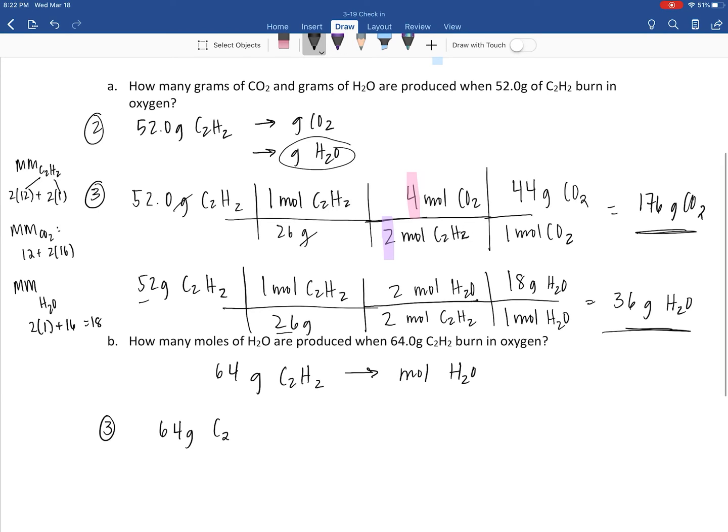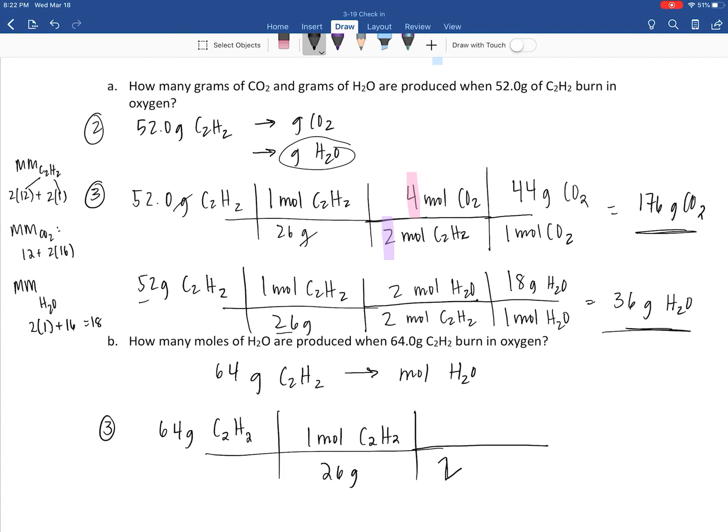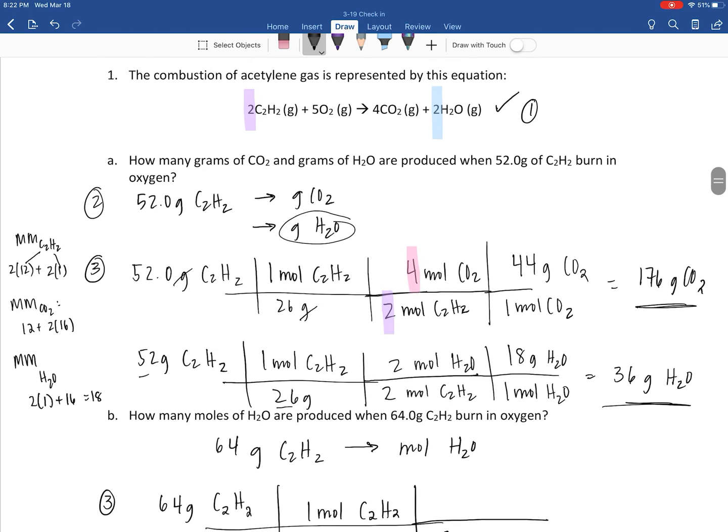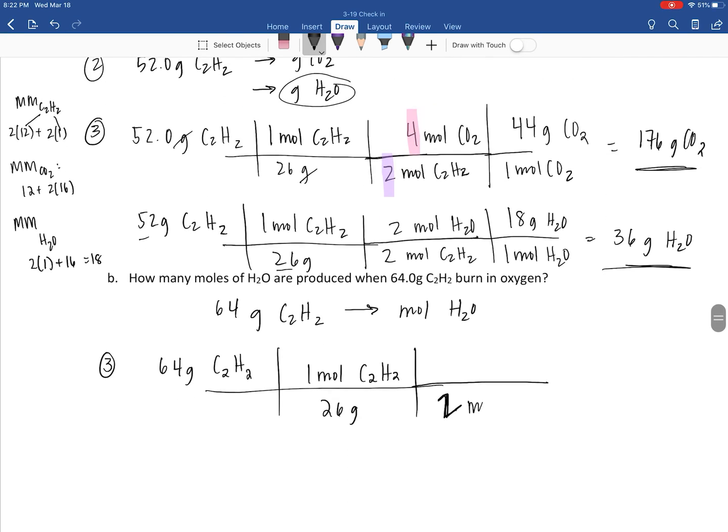So 64 grams of C2H2, 1 mole of C2H2 is 26 grams, right? Because that's my molar mass. And then I'm going to use my mole ratio of water to C2H2. So if I look at my equation, 2 moles of C2H2 and 2 moles of H2O.